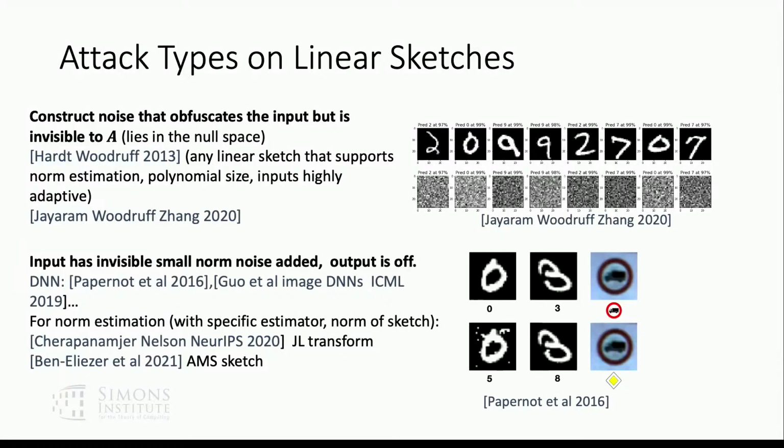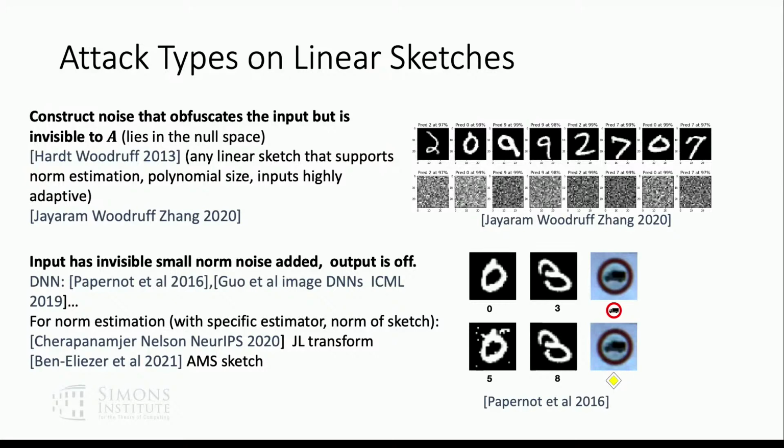The other type is to add a tiny amount of noise to the input vector, but that will completely get the sketch out of distribution. There has been some work on that for the AMS sketches and also for constructing adversarial inputs for neural networks.